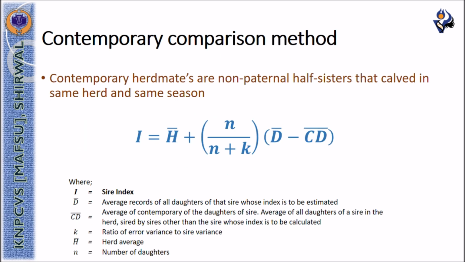The contemporary comparison method to estimate sire index utilizes the formula of H bar plus n divided by n plus k multiplied by D bar minus CD bar, where n is the number of daughters and k is the ratio of error variance to sire variance.